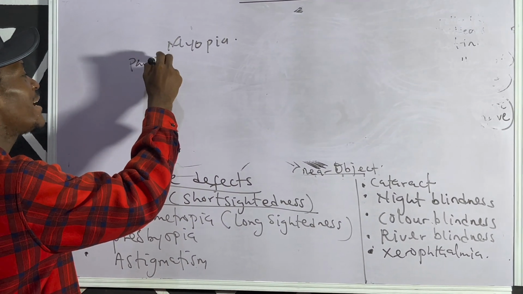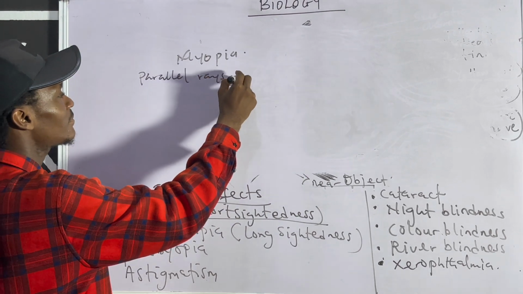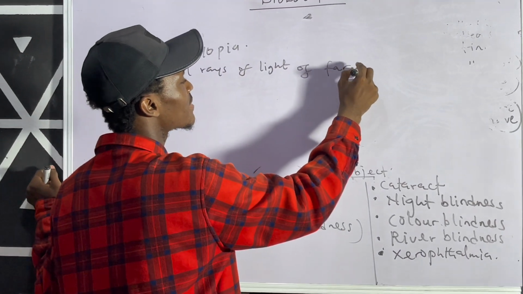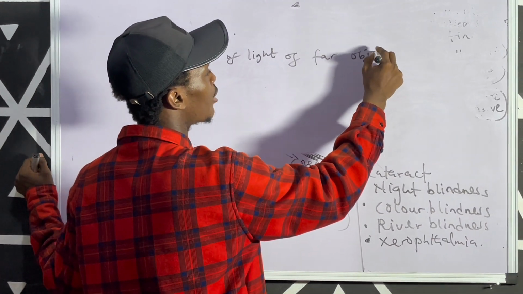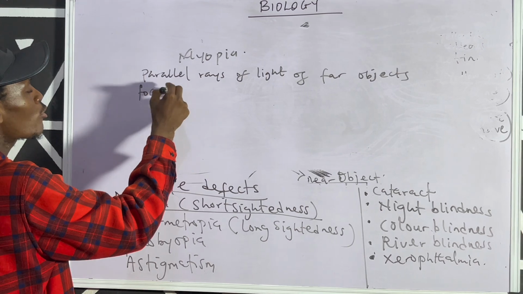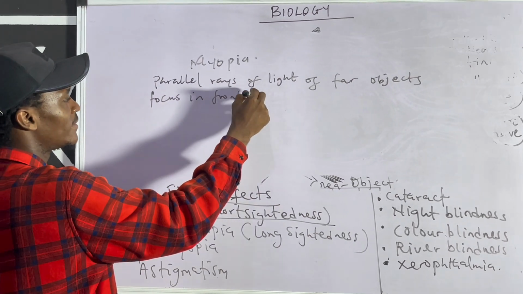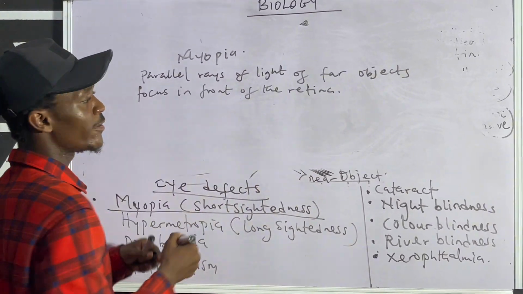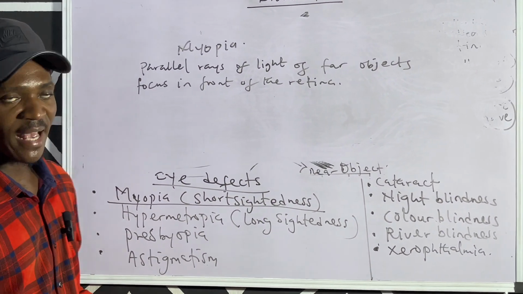When parallel rays of light from far objects focus in front of the retina, it can lead to myopia or short-sightedness.